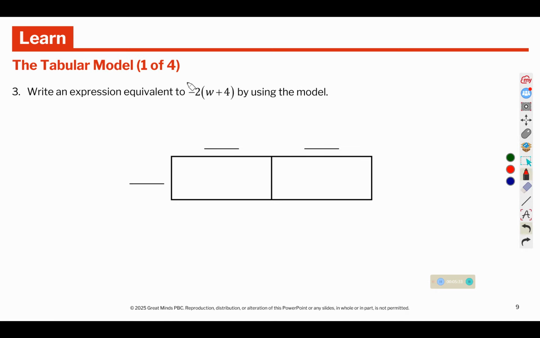Here, the -2 is outside of the parentheses, and W plus 4 is inside. Try and answer the area model. -2 times W is -2W, and -2 times 4 is -8.